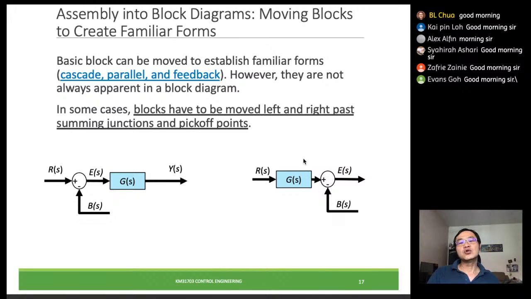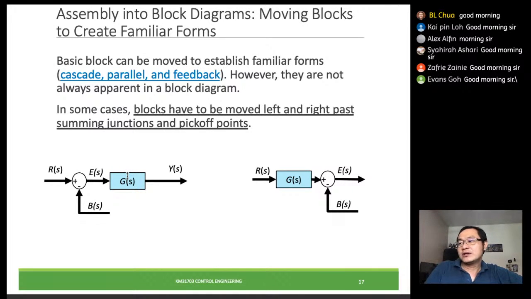We want to move the blocks in order to create a familiar form, which can be the cascade, parallel, or feedback form. So we try to arrange them in this kind of form. If possible, we do the cascade and parallel first before we group them into the feedback form itself.